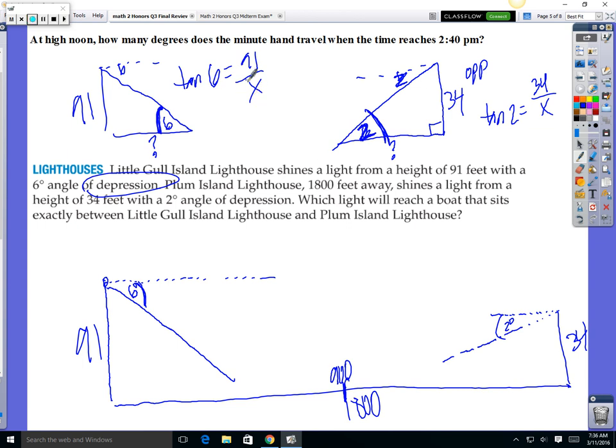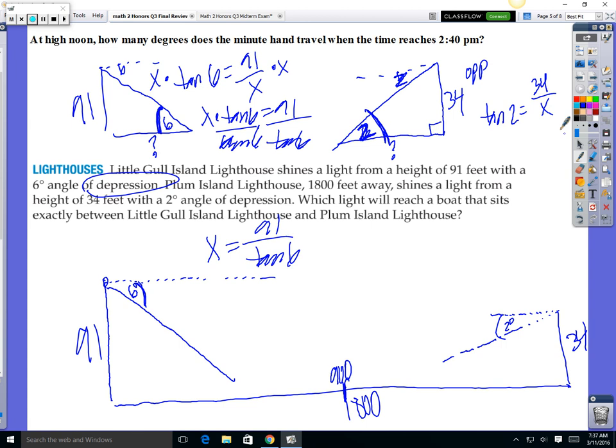Okay, so now I'm going to solve for x. And x on the bottom, that kind of sucks. You really just switch these two spots. So I'm going to times by x. So I've got x times tangent of 6 equals 91. And now I got to undo the times tangent of 6. Divide this by tangent 6. So x is going to be 91 divided by tangent 6. So just switch these two spots.